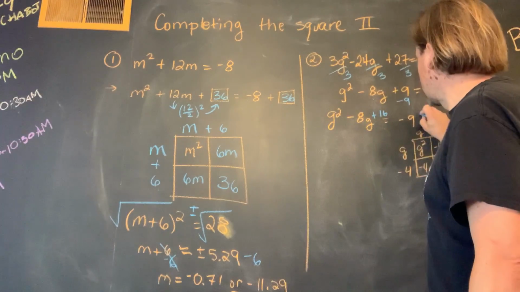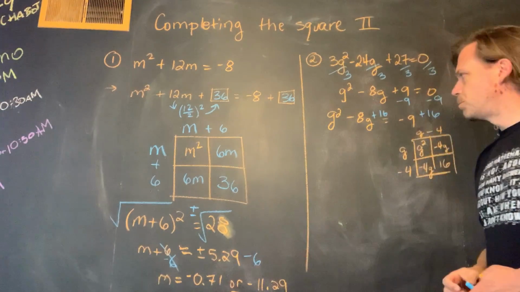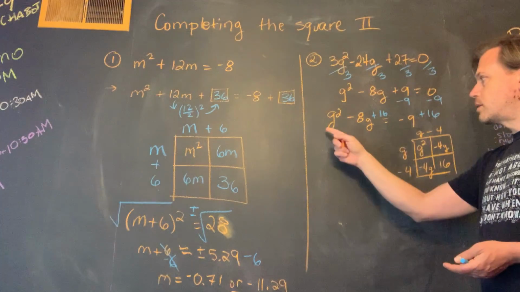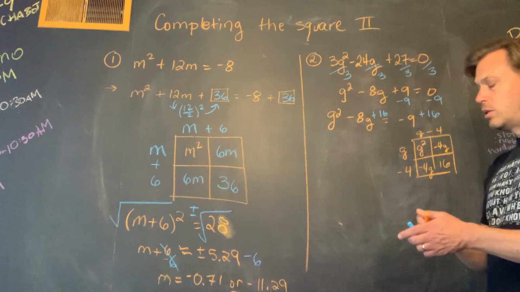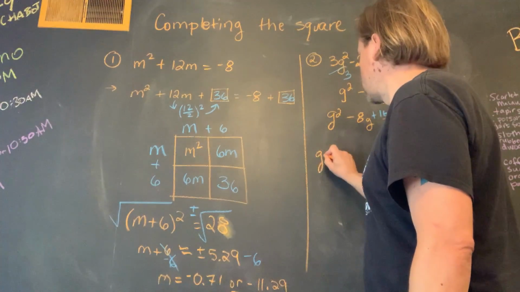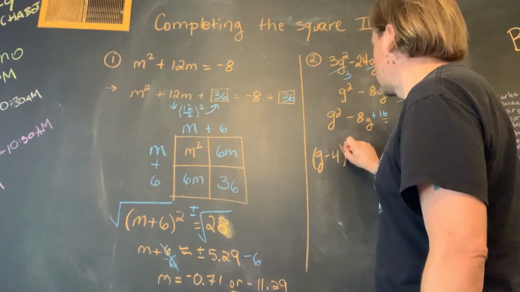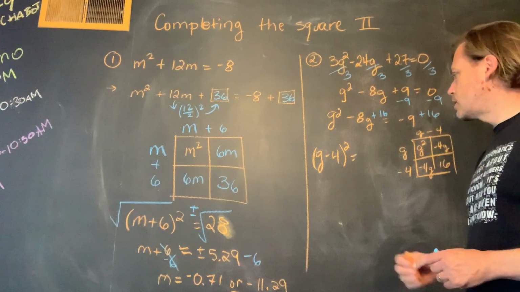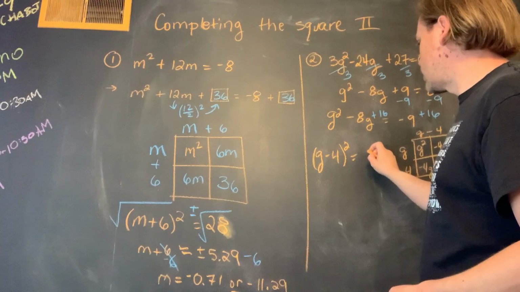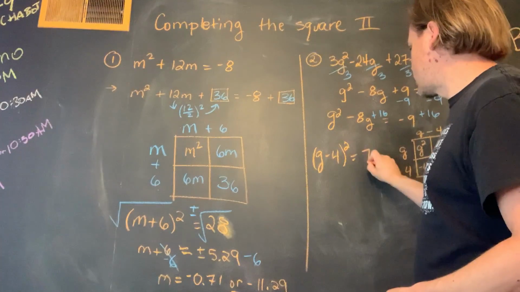Plus 16, plus 16. Now I can take this equation on the left and write it as g minus 4 times g minus 4, or g minus 4 squared, equals negative 9 plus 16. That's going to be positive 7.